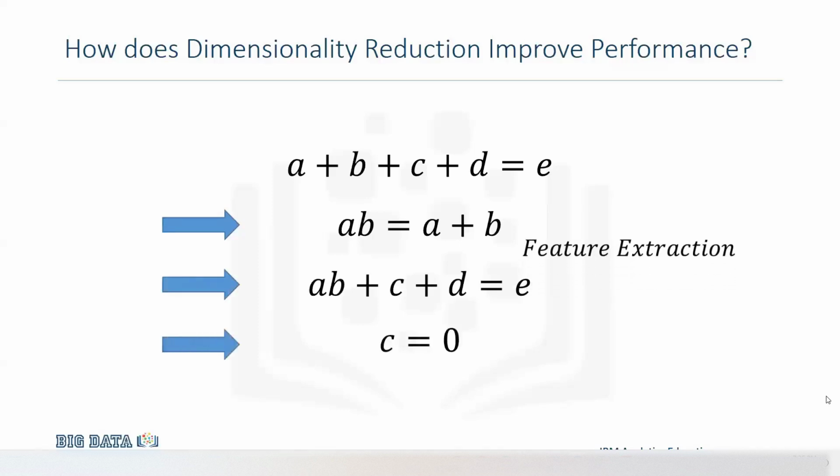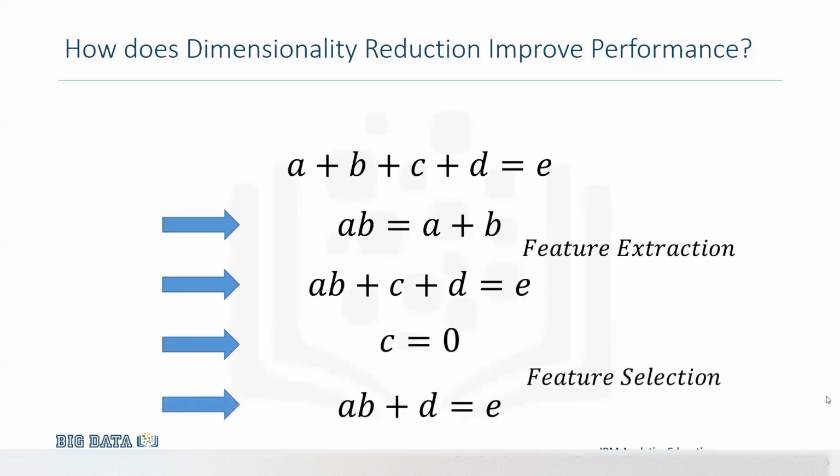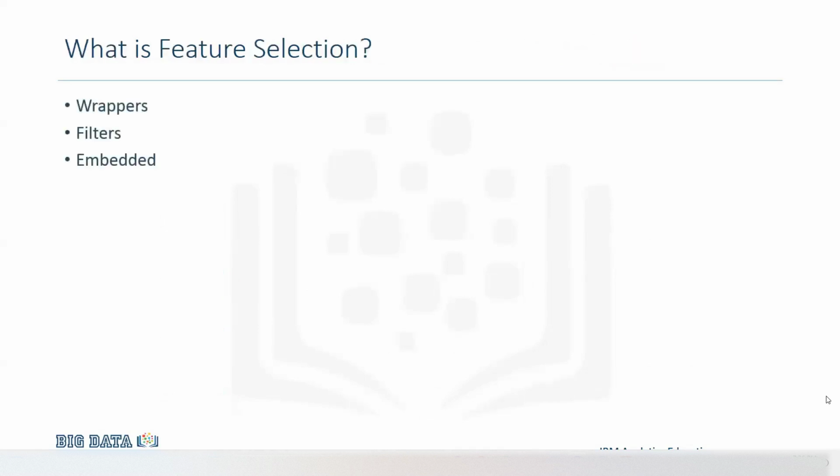Now, consider if C was equal to 0, or an arbitrarily small number. It wouldn't really be relevant, therefore it could be taken out of the equation. By doing so, you'd be using feature selection, because you'd be selecting only the relevant variables and leaving out the irrelevant ones. Feature selection is the process of selecting a subset of relevant features or variables.